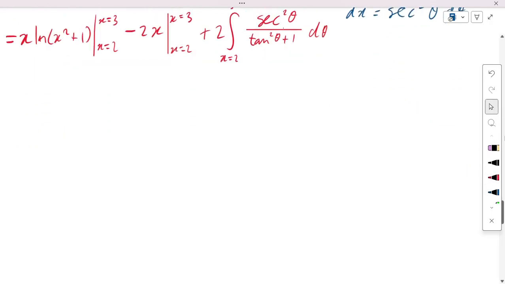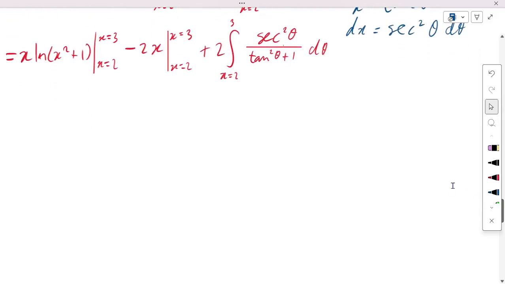And what do we know about tangent squared theta plus 1? Well, we know the identity that tells us that 1 plus tangent squared theta equals secant squared theta. That is the identity taught by my lecturer. Absolute legend of a lecturer, by the way.